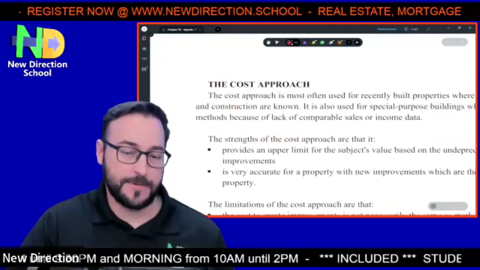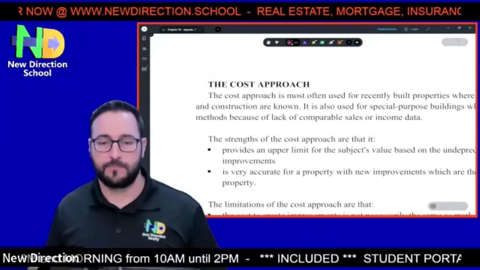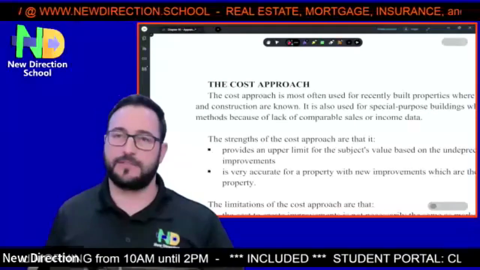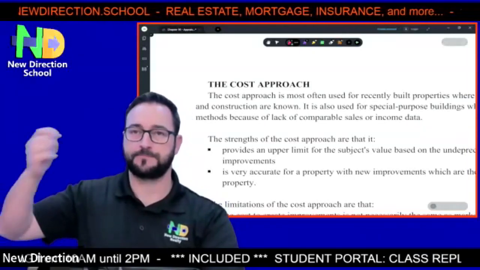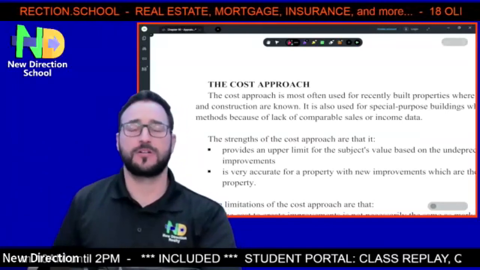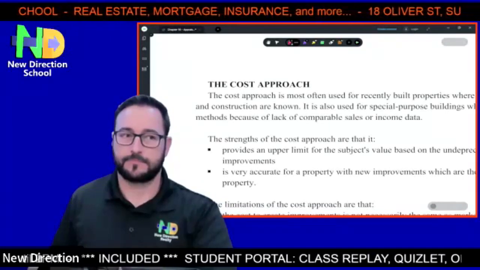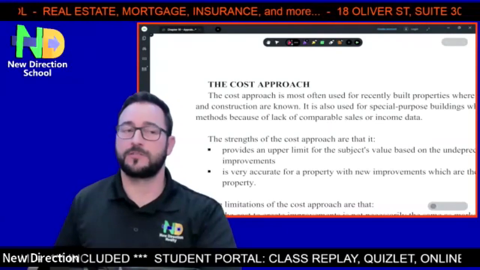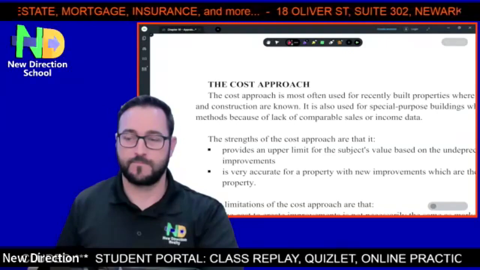All right, the next one we have is the cost approach. Now, as the name says, cost approach, right? If you guys remember, we had cost, we had price and value, right? If we're talking about the cost approach, it would be related to what? To the price?